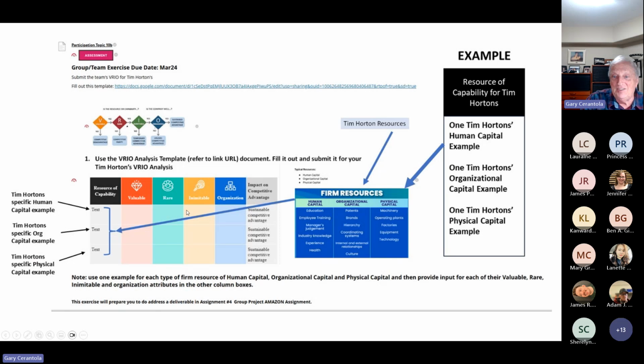All right. Is it imitable? Well, it's so complex that it's really hard to imitate. Does Tim Hortons have the organizational capability to be able to pull this off? Well, once you answer these questions, you'll know. Okay, yeah, it'll give you sustainable competitive advantage, right? In some areas you won't get overall sustainable, but in other areas, you will. So that's what that's all about.